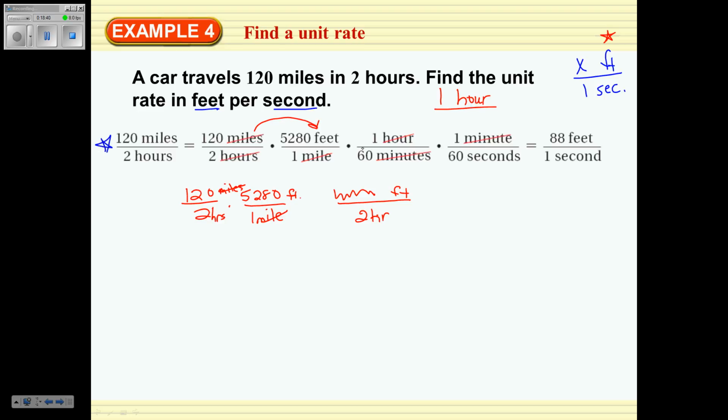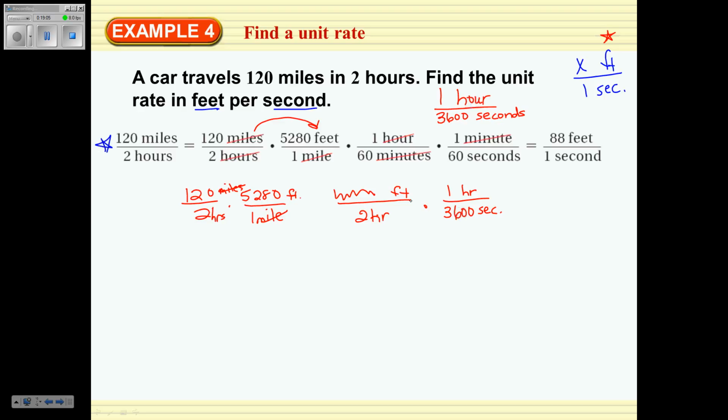Okay? And you would get 1 hour equals 3,600 seconds. Because in 60 minutes, in each minute there are 60 seconds, so 60 times 60 is 3,600.